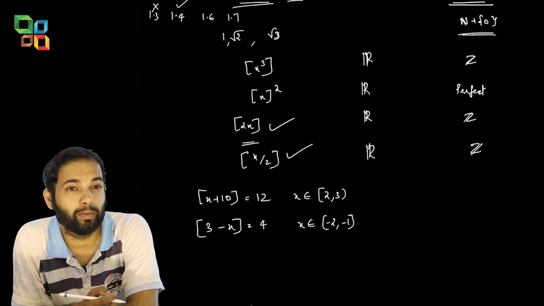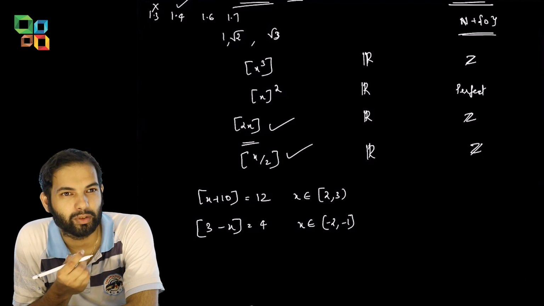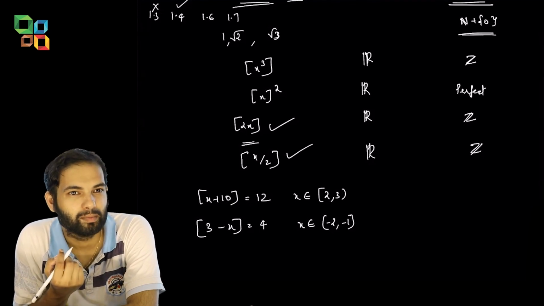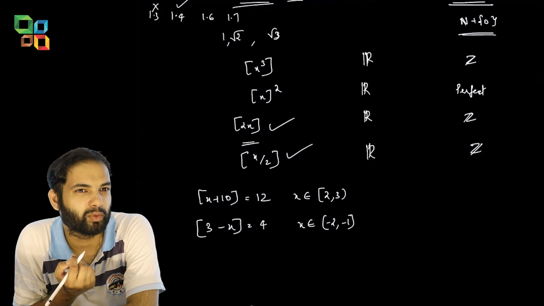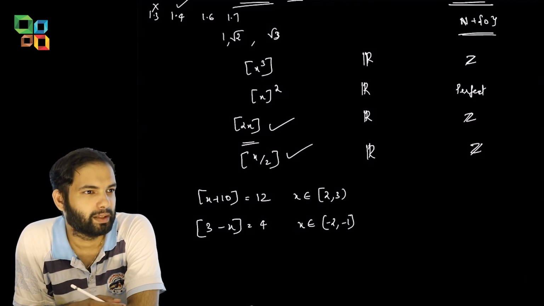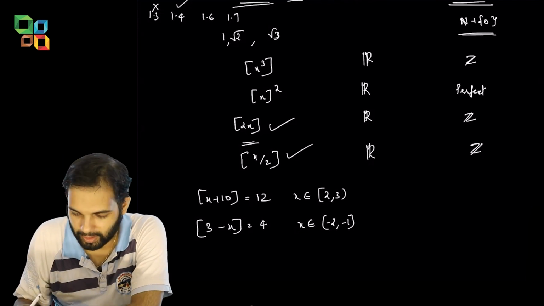At minus 2 it will be 5, correct? So I am excluding minus 2. But if it's just greater than minus 2, like minus 1.99, 3 minus of minus 1.99 will be 4.99, which will still be 4. Right, clear? So this you have to calculate.